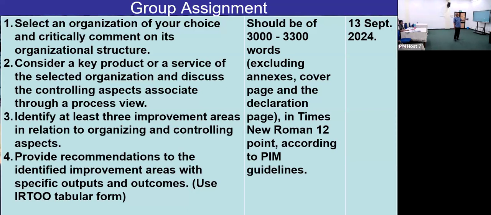Select an organization of your choice and critically comment on its organization structure. When you say critically commenting, a few things. Whether the structure is fitting the strategy. Remember, we learned structure follows strategy. Is the strategic fit there? Is the structure effective enough? If you see a very tall functional structure, whereas a matrix structure can be more suitable, you can comment on the appropriateness of the structure.